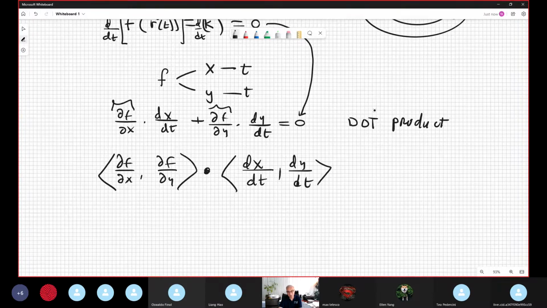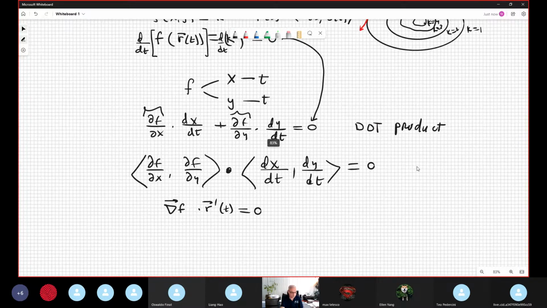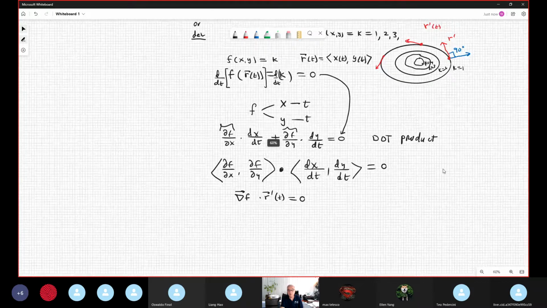It's another way to express the same idea, instead of the algebraic expression, using a dot product. By definition, the dot product is the first component times the first component, plus the second component times the second component. And this is the gradient vector identification. Wow, it's the new vector that the professor defined. And this other vector is the tangent vector, which is the derivative of the vector valued function. And when the dot product of two vectors is 0, it's because they are orthogonal.